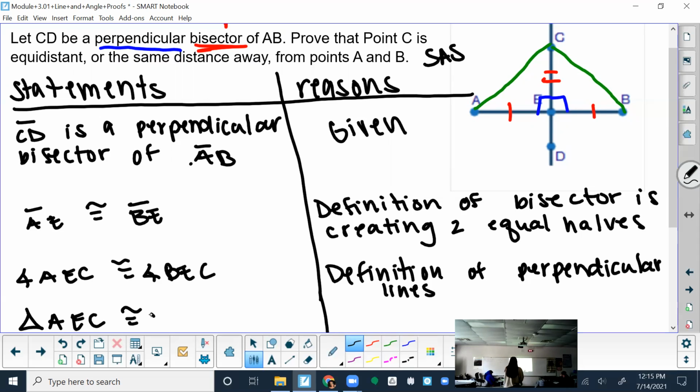is congruent to triangle BEC by side, angle, side. Because they have this side in common, which we proved earlier, an angle in common, which we proved earlier, and another side in common, which we can see from the diagram that was given to us.